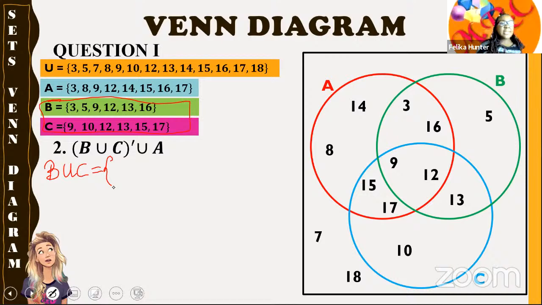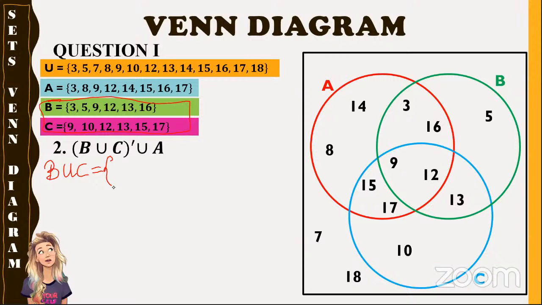Go ahead, Omisi, and tell me what is the union of B and C, darling. Union is for all elements. So start with the smallest one. 3.